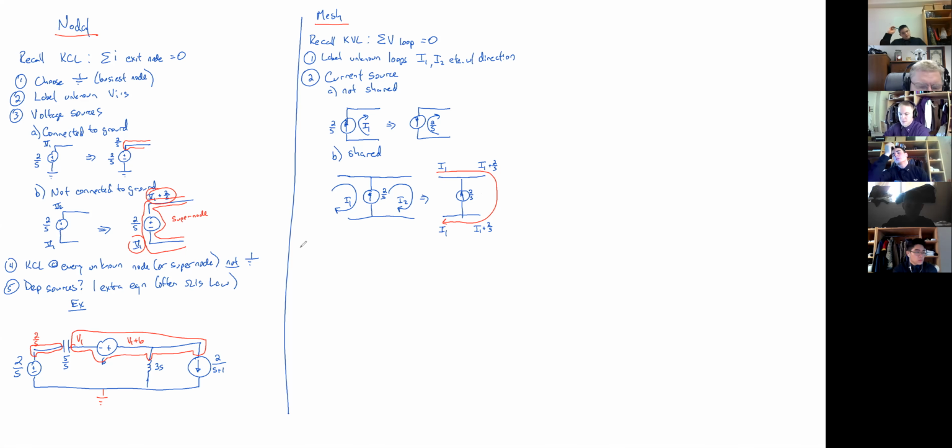And then the rest is just like nodal. Our next step is to, instead of doing KCL, do a KVL around each unknown loop, I'm sorry, we're calling them meshes, and around each mesh or super mesh.